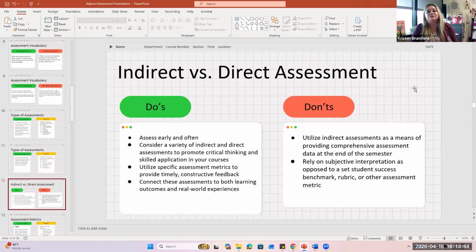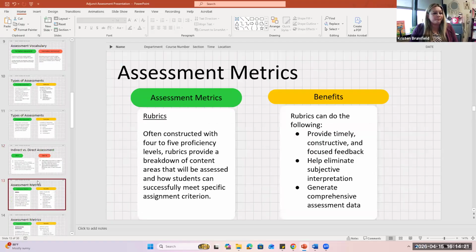We have to be able to actually see it, measure it, have proof of it, analyze it, do data collection. So that's what this means. Do not rely on subjective interpretation to set student success, or to help you set a benchmark or a rubric or other assessment metrics.